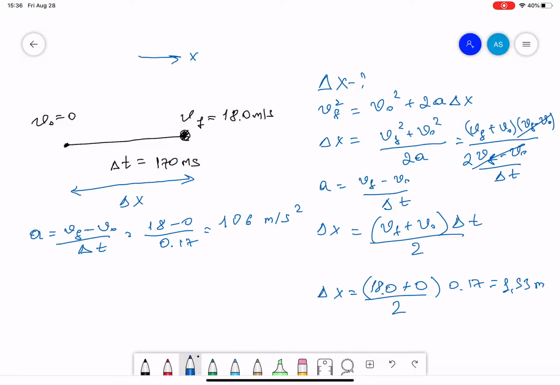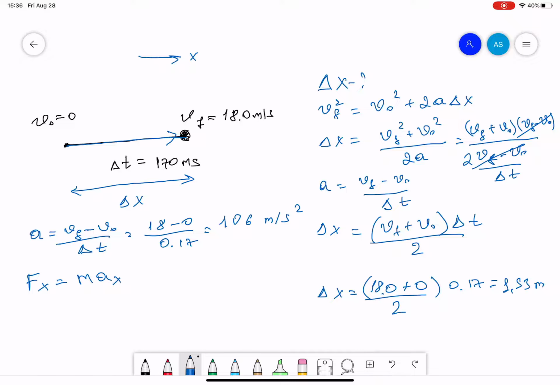Now after that, what do we have to find? We have the acceleration, so let's find the force. Since the object is moving in the horizontal direction, we can calculate the horizontal force which is exerted on the ball. That means Fx is equal to m ax, right?